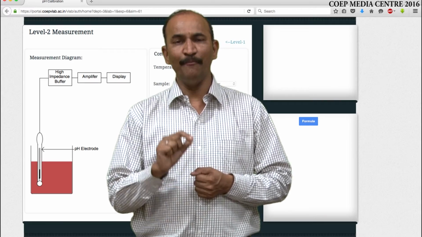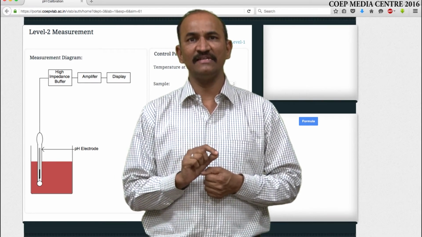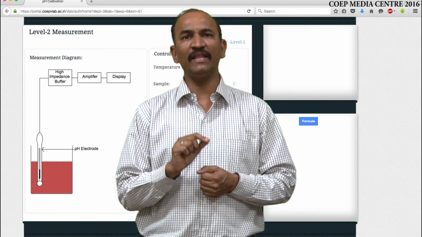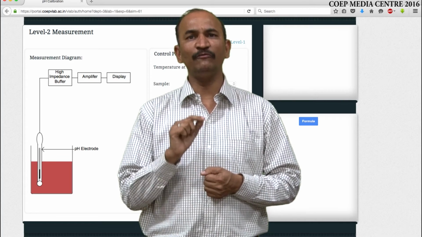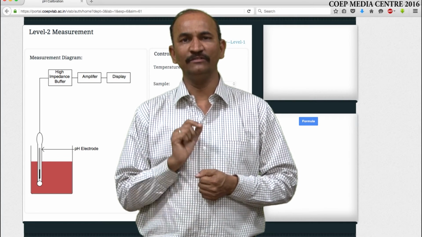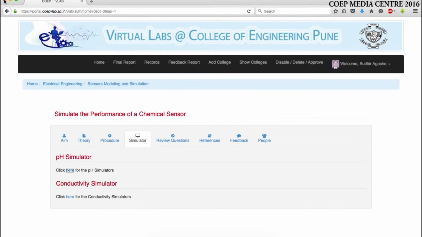In level 2 we measured the pH value of a sample at 25 degrees Celsius, and in level 3 we found what the output in millivolt would be if there is a change in temperature of the sample. This is how all the 3 aspects of this experiment can be carried out. Now you can go to the other experiment, which is called conductivity.